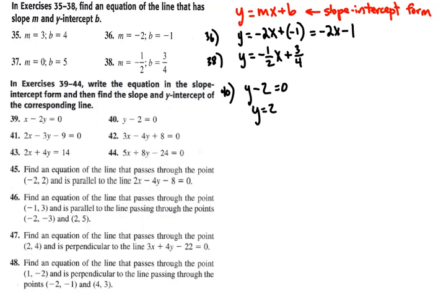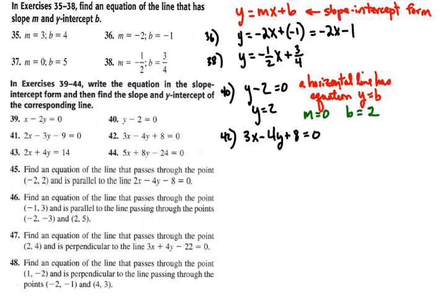And here we can do that just by adding 2 to both sides, and we end up with y is equal to 2. Now y is equal to 2 is a horizontal line because a horizontal line has an equation of y equals some constant. And a horizontal line has a slope of 0. So m is equal to 0 and b is equal to 2.